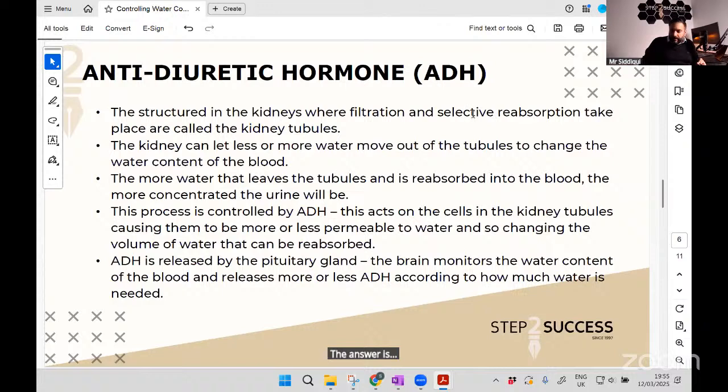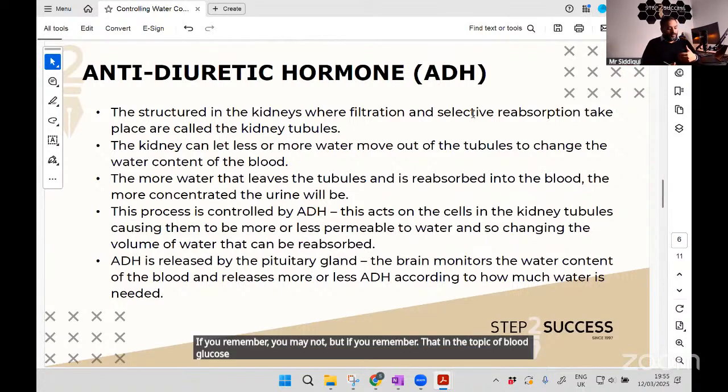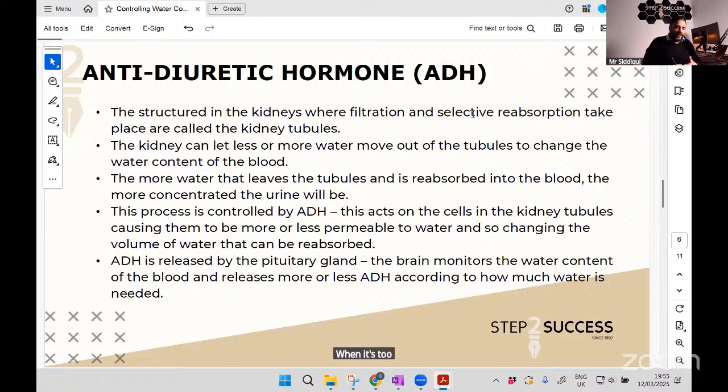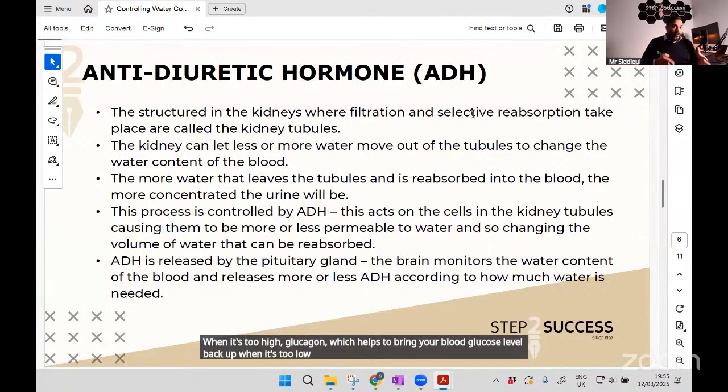through a hormone. If you remember, in the topic of blood glucose, you learn about hormones like insulin, which help to bring your blood glucose level down when it's too high, and glucagon, which helps to bring your blood glucose level back up when it's too low. In the same way, there is a hormone that indicates what to do with the water, and it's called ADH, antidiuretic hormone.